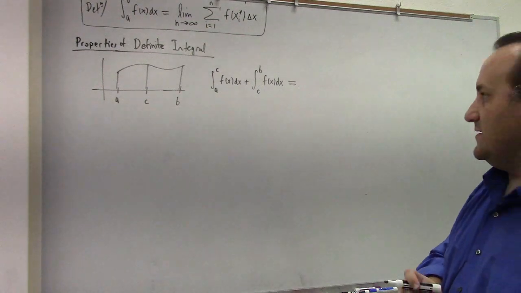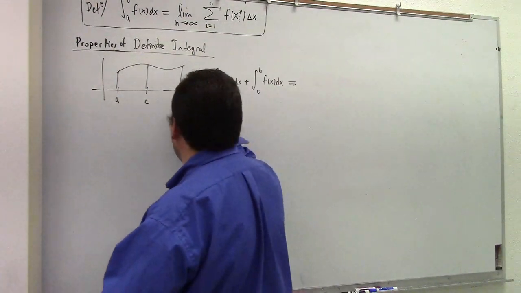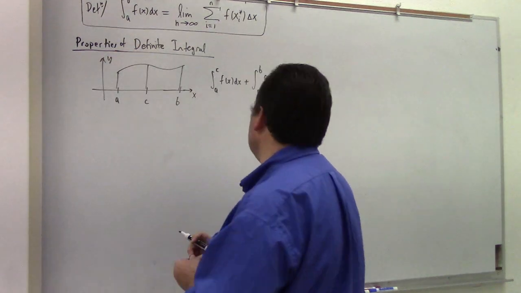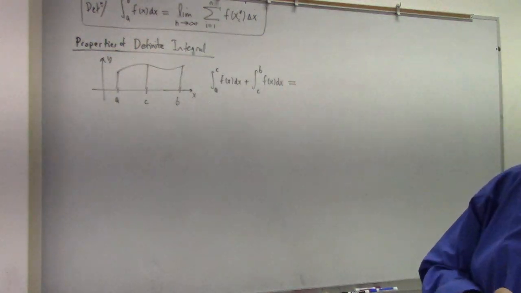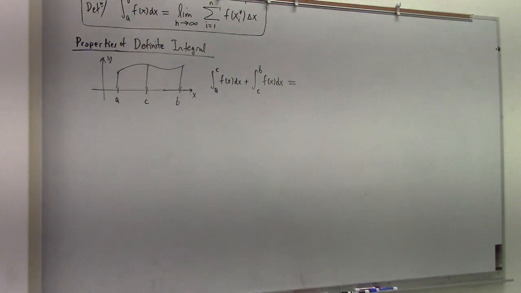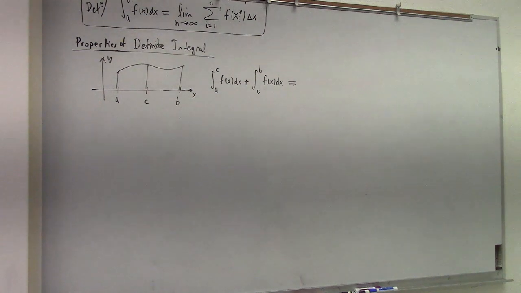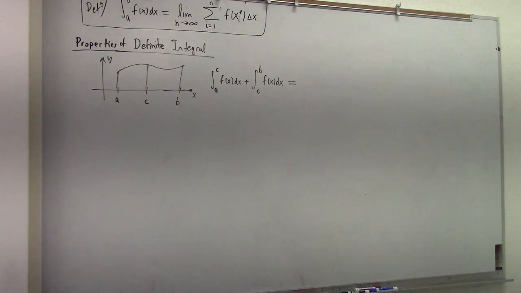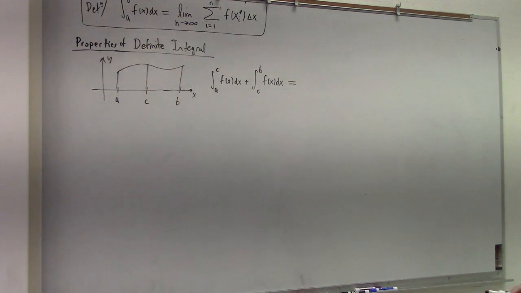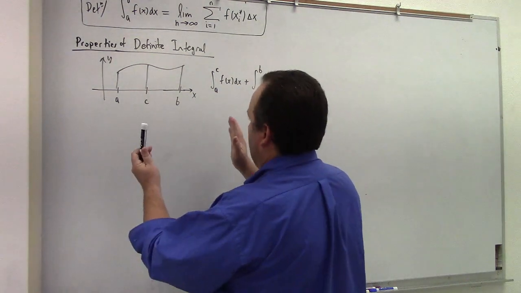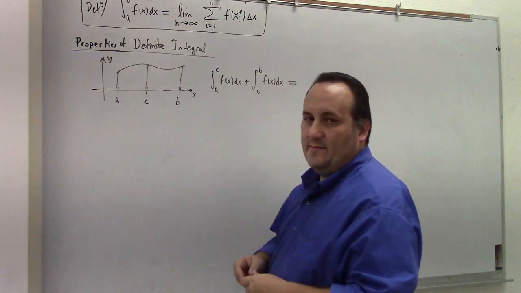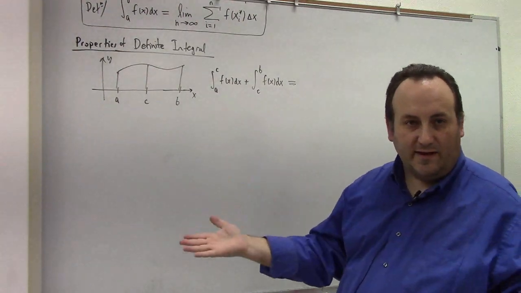If A, C, and B are arranged as I have them here, A less than C less than B. If you want the area from A to C plus the area from C to B, that's the same as the area of the whole thing.